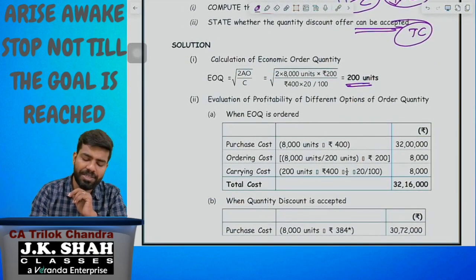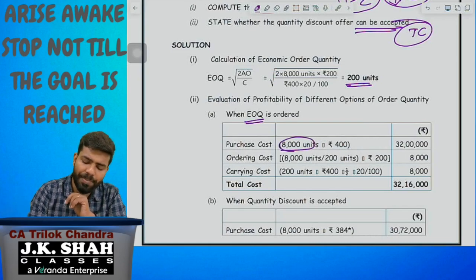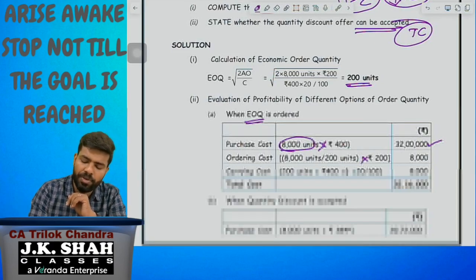Evaluation of the discount policy at EOQ. They calculate the purchase cost. Totally 8,000 units, some printing mistake, 8,000 units into 432, that is 34 lakh 56,000. Ordering cost: number of orders, A divided by OQ, 8,000 divided by 200, into ordering cost per order 200, that is 8,000.